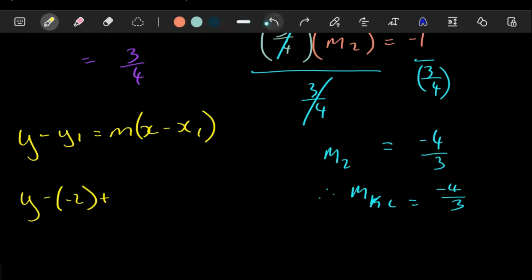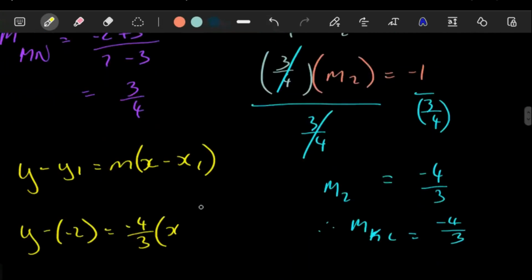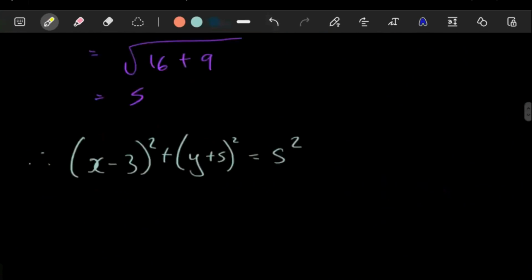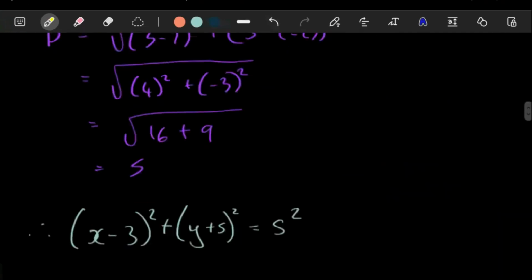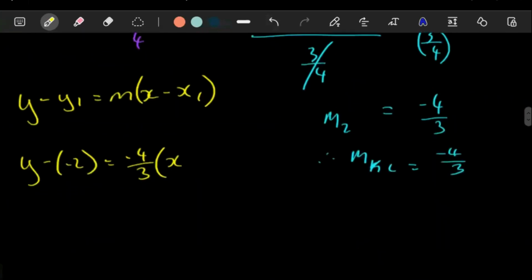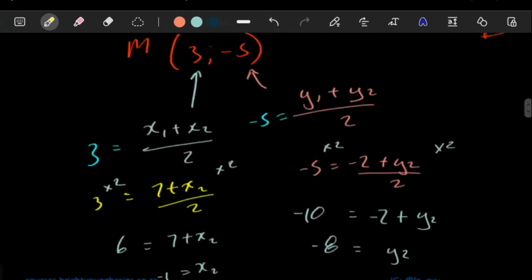The gradient is what now? The gradient is -4/3. And then x is like what? Let's see. The x value is a 7. So you have to put a +7 over here. Then you have to put a -2 over there.